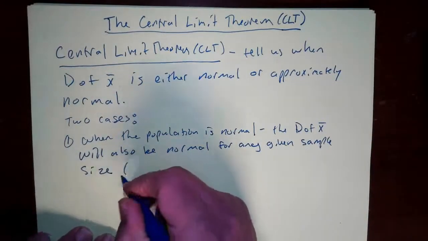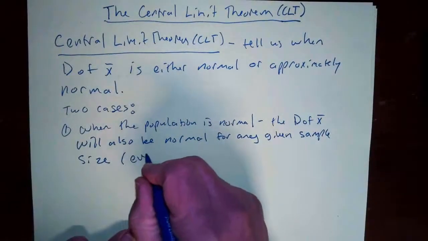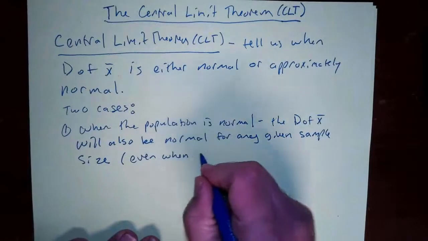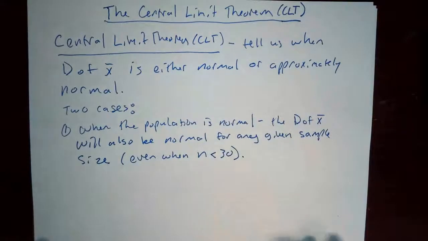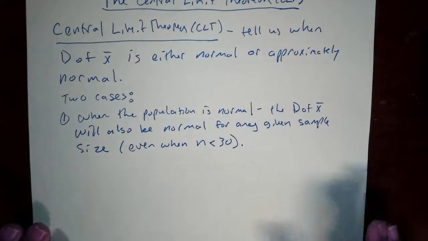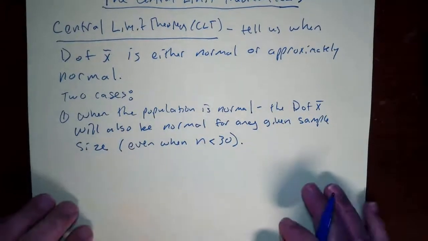And then in parentheses, and this will make more sense when we look at case 2, I'm going to put even when n is less than 30. Right now that doesn't make sense, but it will in a moment. So the first case, when the original population you're taking the samples out of is normal, then your distribution of x bar is also going to be normal for any given sample size. There's a sense in which it inherits that from the population. It has the same shape as the shape of the population.